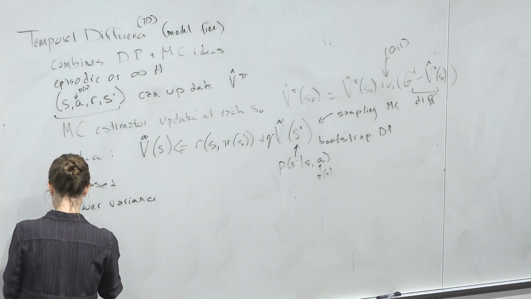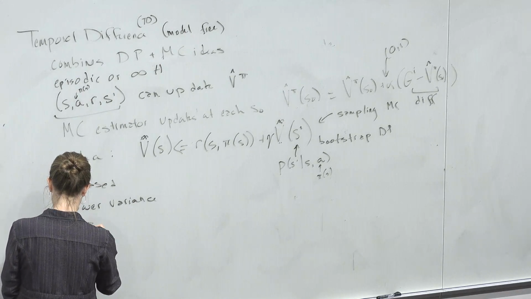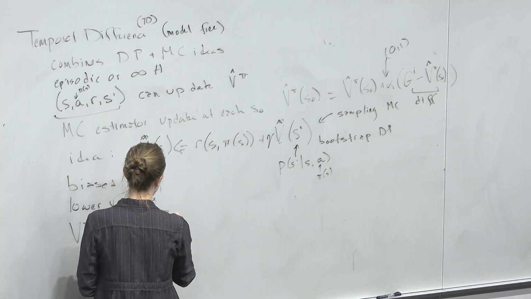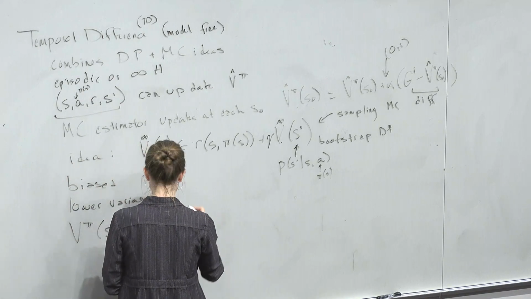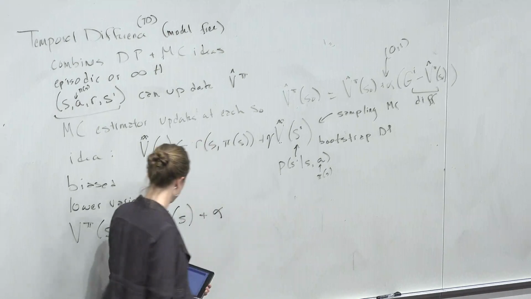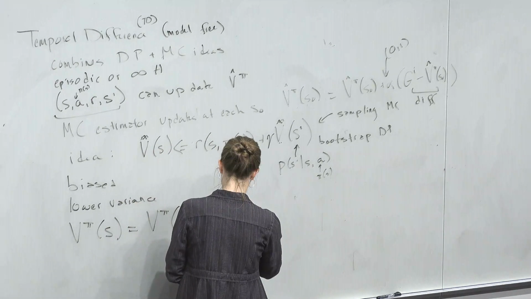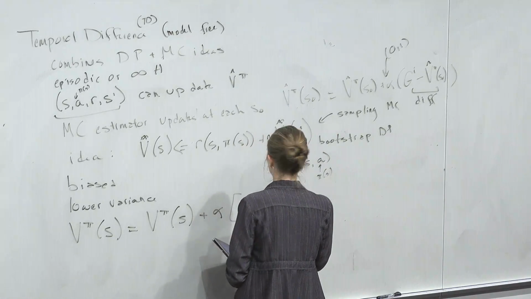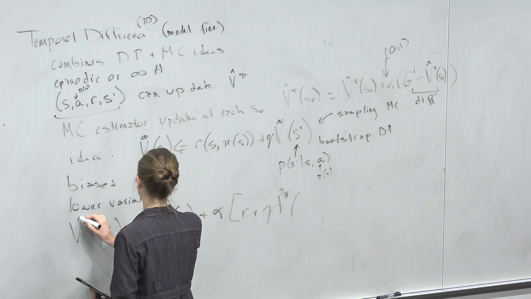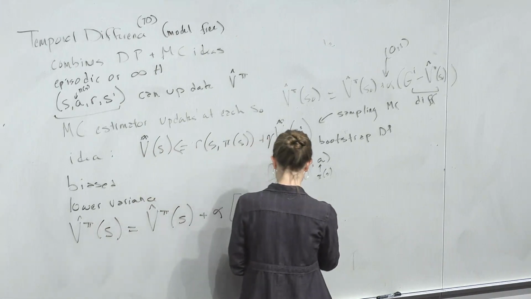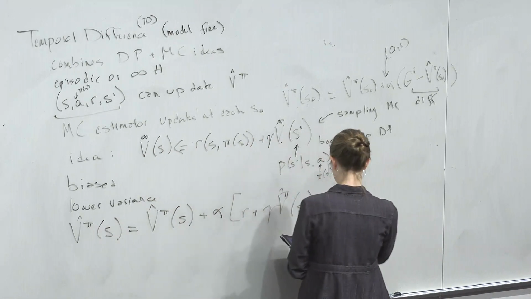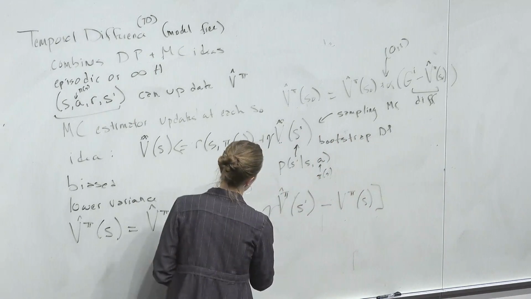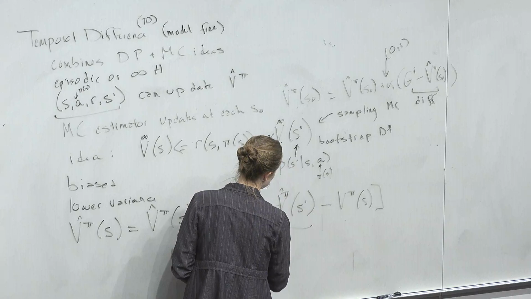We're going to say V pi of S is equal to, and just shout out if I'm mixing notations, V pi of S plus alpha times R plus gamma V pi, I'll put hats everywhere to remind ourselves that these are all approximations, of S prime minus V pi of S. This is often called the TD target.